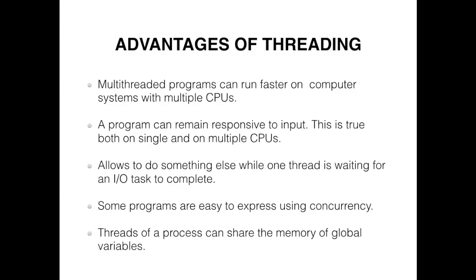As I have already shown you in the diagram previously, multiple threads can share the memory of the global variables at the same time. So if a global variable is changed in one thread, this change is valid for all the threads. A thread can have local variables also, as we have seen in the diagram.